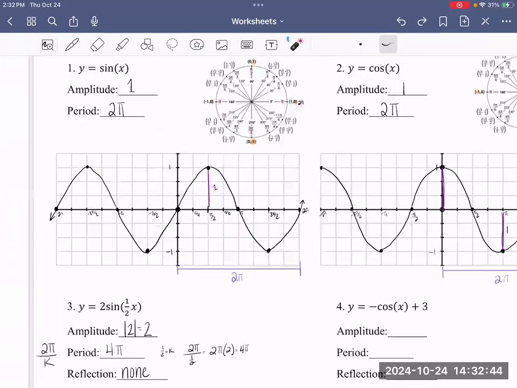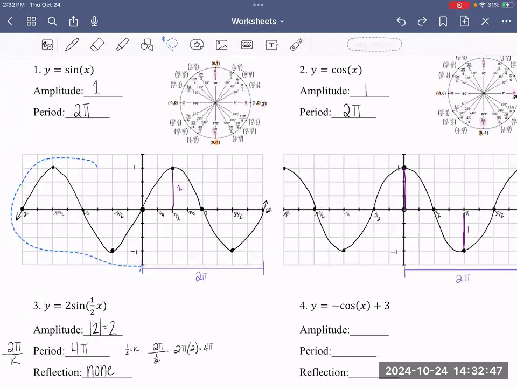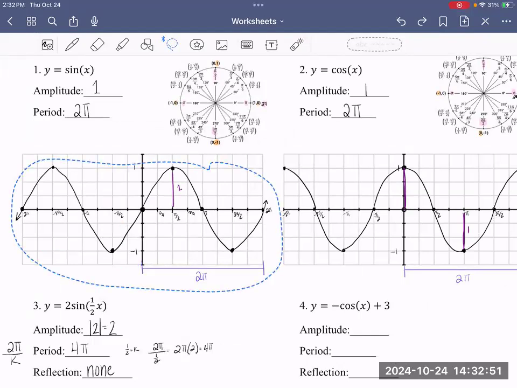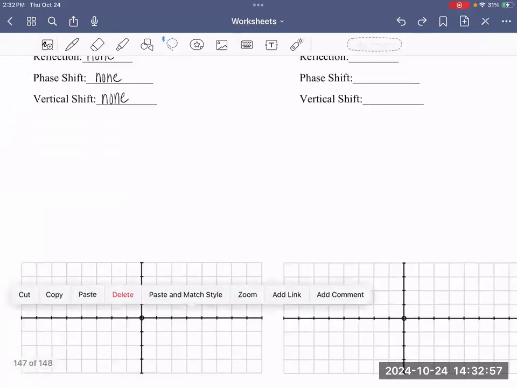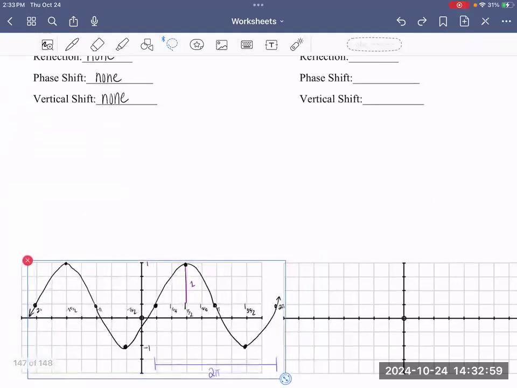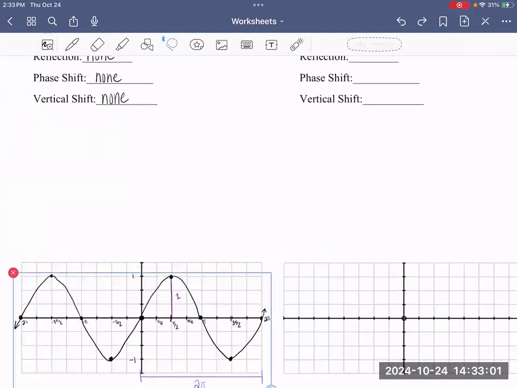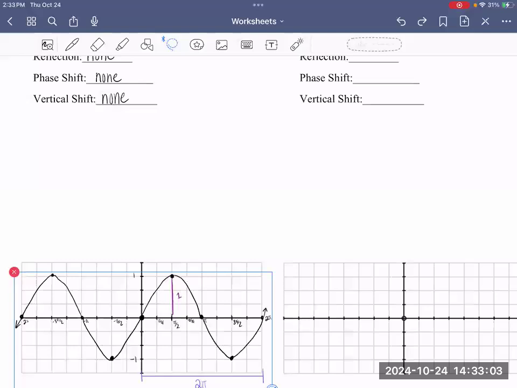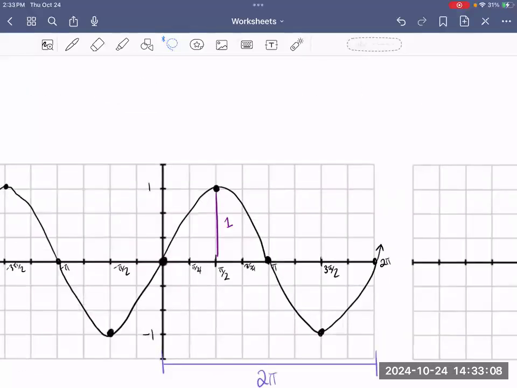However, now what we're going to do is take this graph, copy, and paste the whole thing. So if this is what your graph was originally, we're going to take this function and we are going to stretch it vertically up by 2.